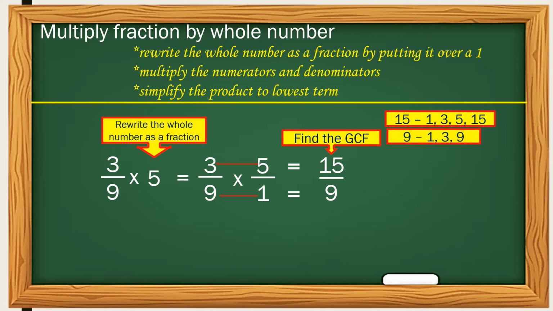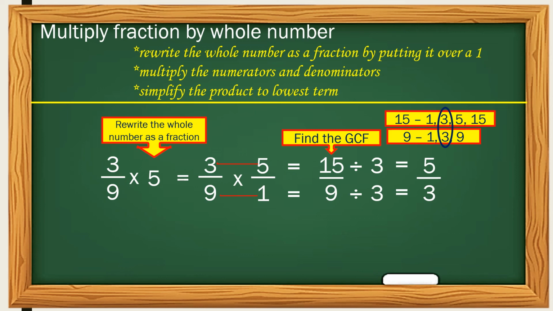Then the factors of 9, so we have 1, 3, and 9. So what is the common factors of 15 and 9? So we have 3. Ngayon, gagamitin natin yung 3 to divide 15 and 9. So 15 divided by 3 and 9 divided by 3 is equal to 5 over 3.